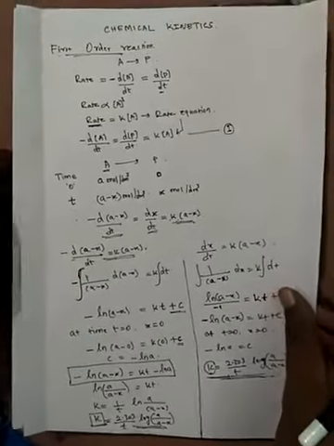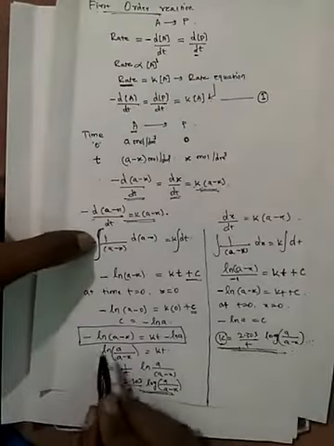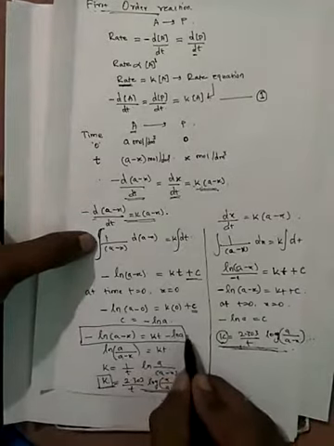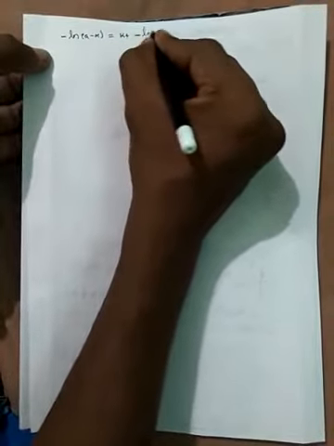Okay, then I said I'll take this equation. This is minus logarithm a minus x equal to kt minus logarithm a.